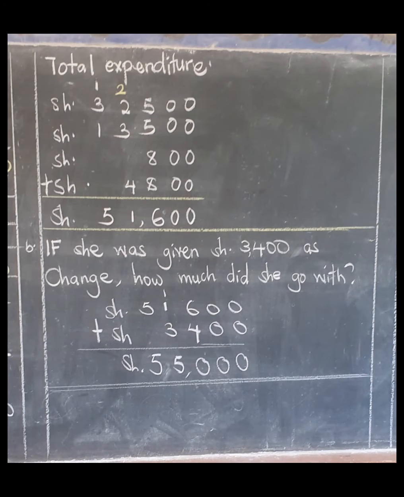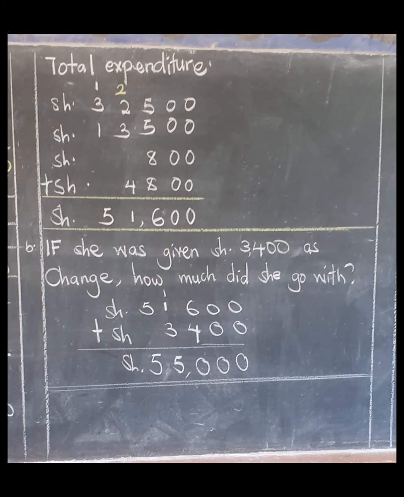Arrange them vertically and under the right place values. If you arrange them properly, your answer will be 55,000 shillings, meaning this person went with 55,000 shillings.